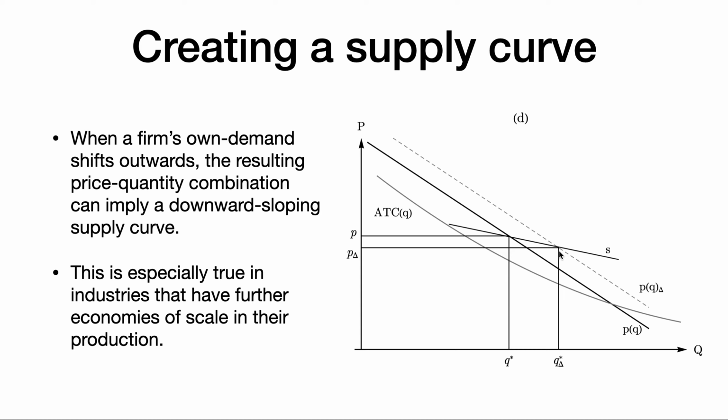So you can get a downward sloping supply curve, and that's more likely to be the case the more economies of scale remain in the capital. So the steeper the average total cost curve falls, the more likely that the resulting supply curve in that type of industry is downward sloping.